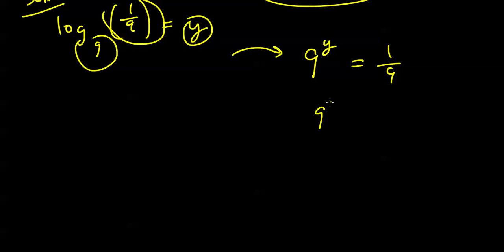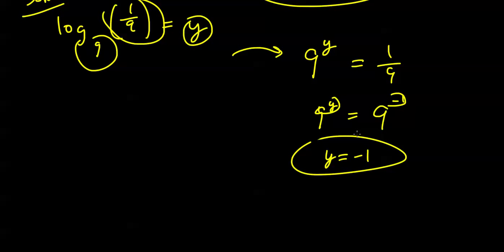If you don't see it, probably best to write 1/9 as a power of 9. 9 to the minus 1 equals 1/9, so I can then make the conclusion if both sides of the equation are equal, and if the bases are equal, then of course the exponents must be equal. So here y equals -1.